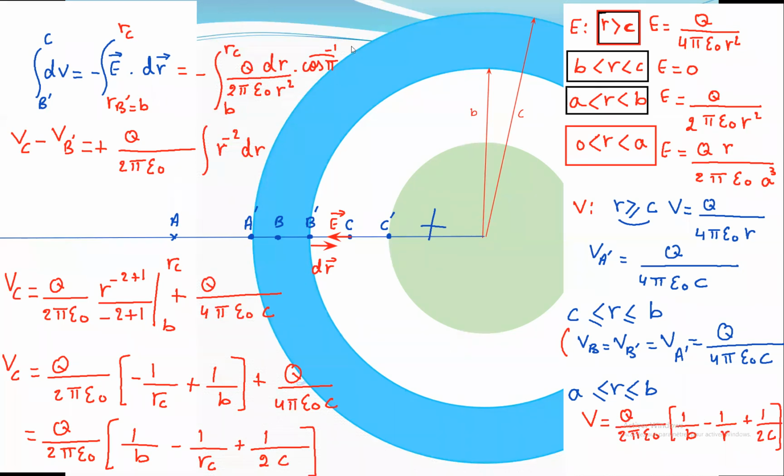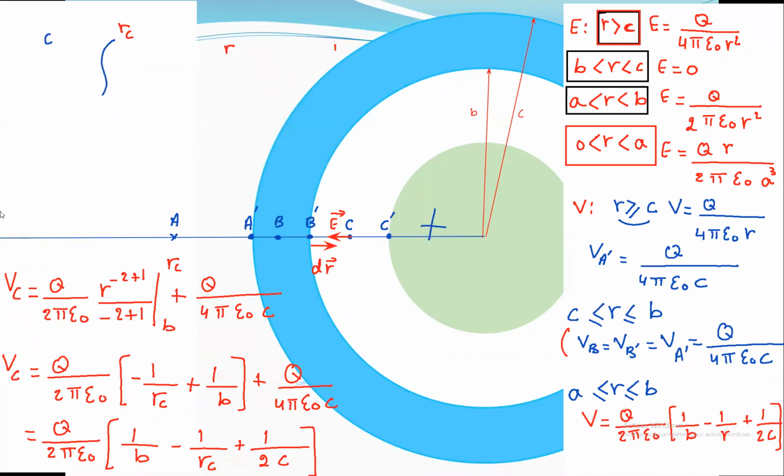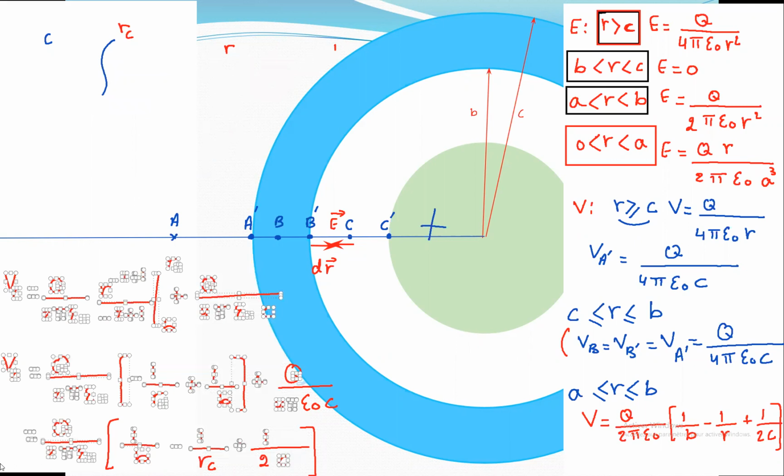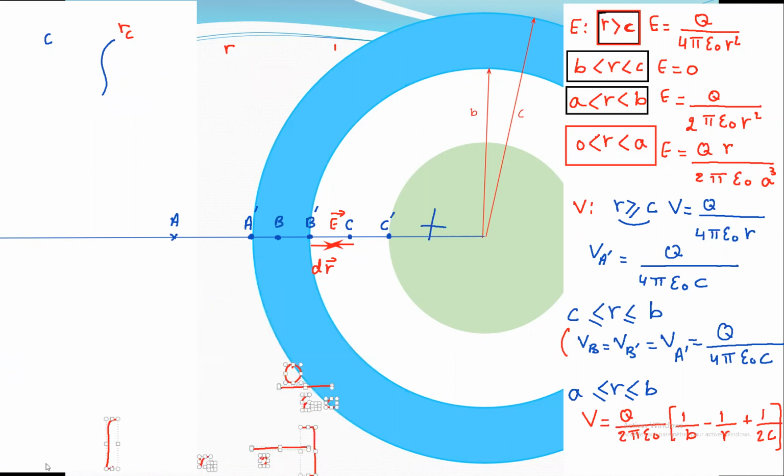here I want to add a point. The limit here is between the point C prime and the point B prime. We can use this relation to calculate VC prime. So you know R of C prime equals A, okay?